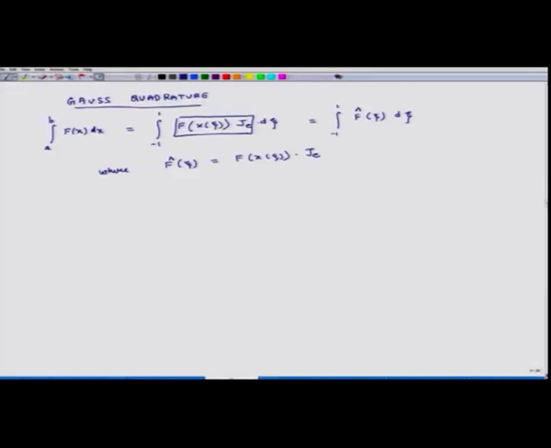Now, this is an integral, so I can call it some I.